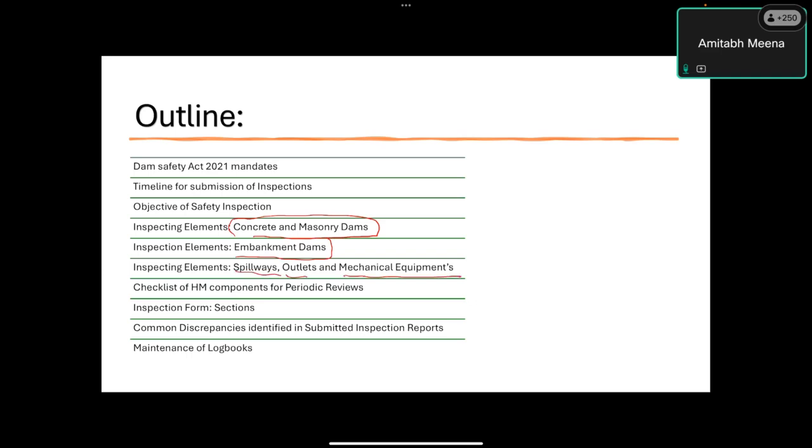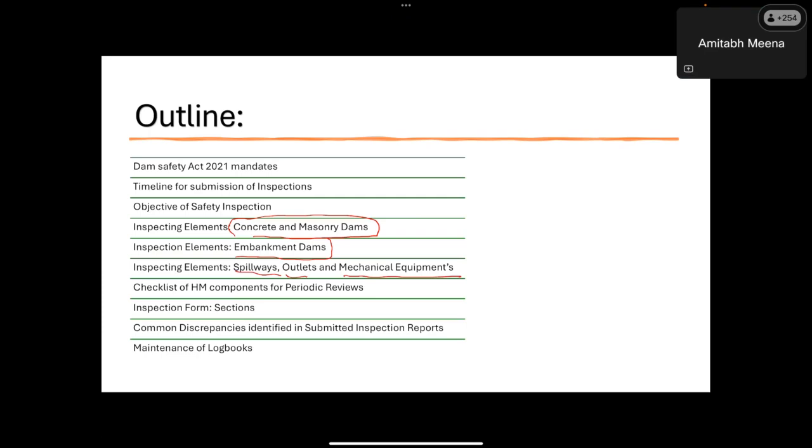Then we'll briefly look at the inspection form sections. We'll not go by each individual question. Then we will discuss some of the common discrepancies identified in recently submitted inspection reports, and then have a look at the template of the logbooks.